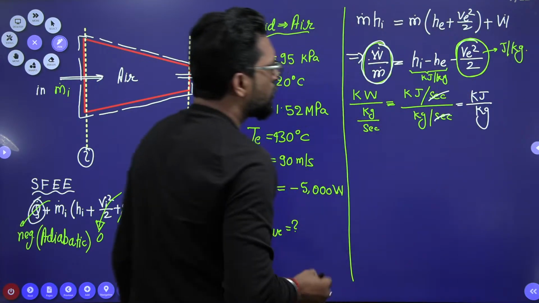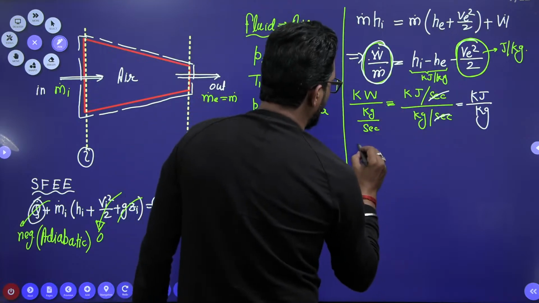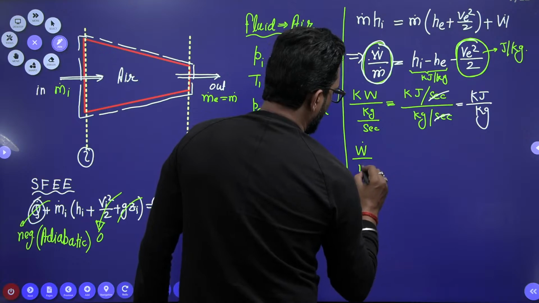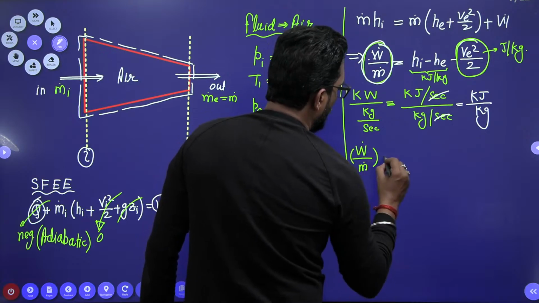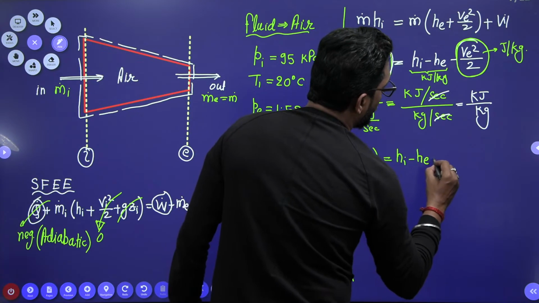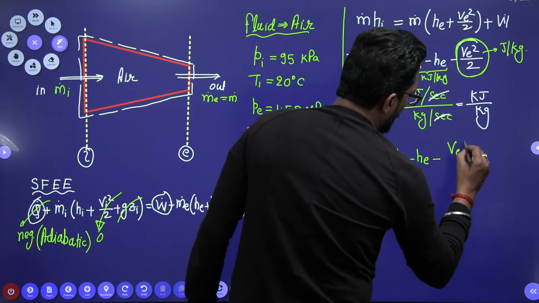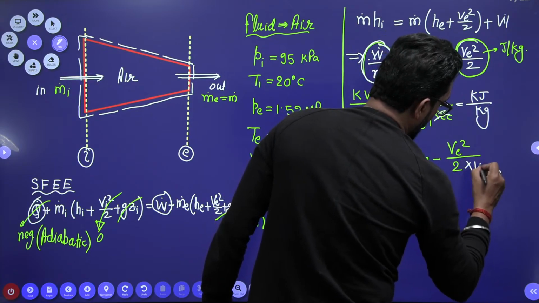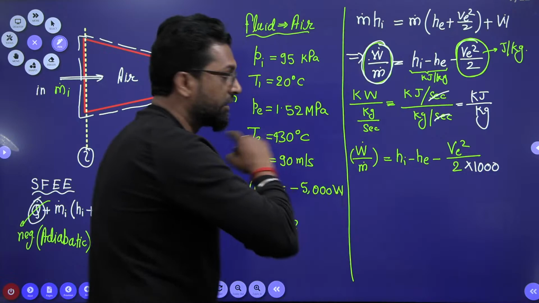So how to make it kilojoule per kg? You just multiply, that means divide, by 1000. So W dot by m dot is equal to hi minus he minus Ve square divided by (2 into 1000). Very important. Then the unit is balanced.